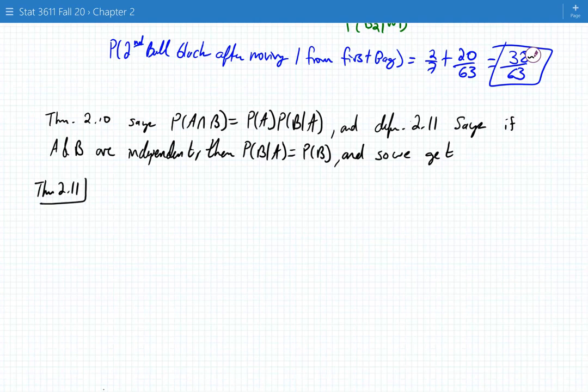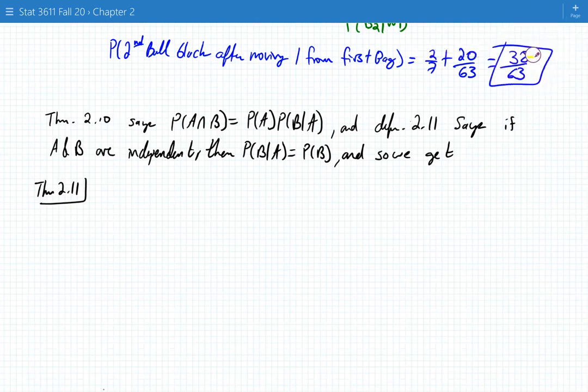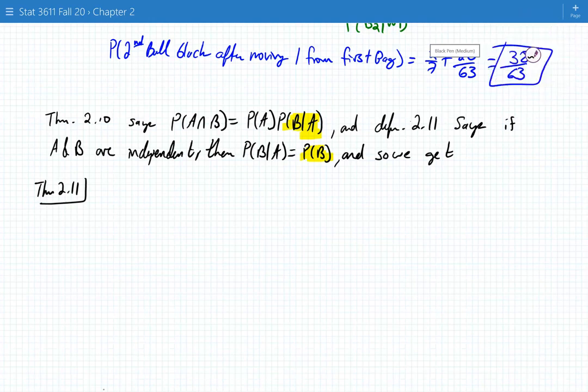Basically, probability of A intersect B, if they're independent, then this B intersect A right there is just the probability of B. And so we're just going to substitute that in as an alternative for independence.